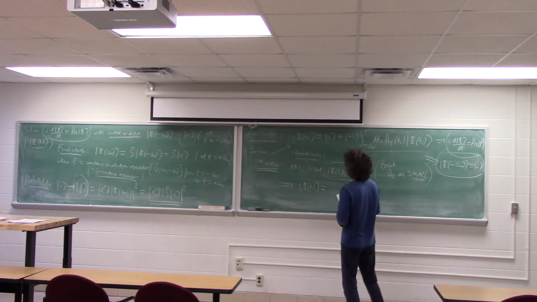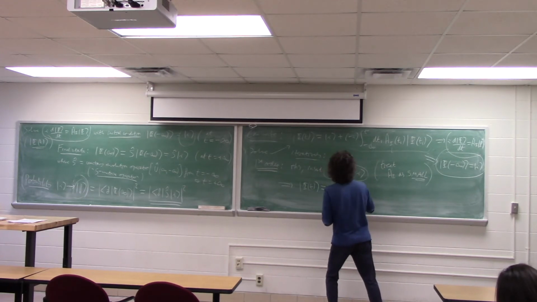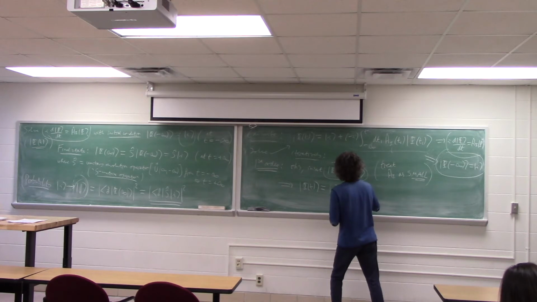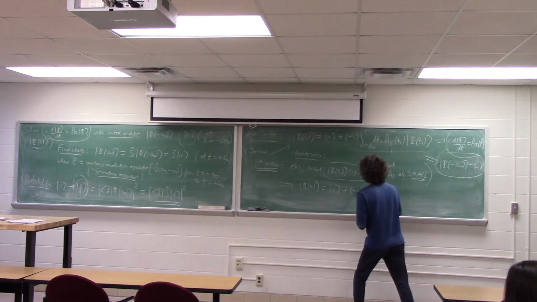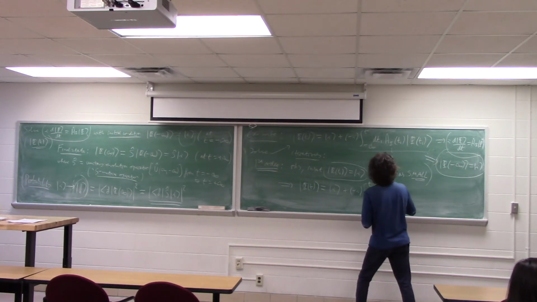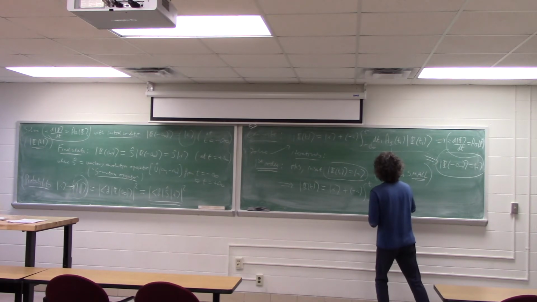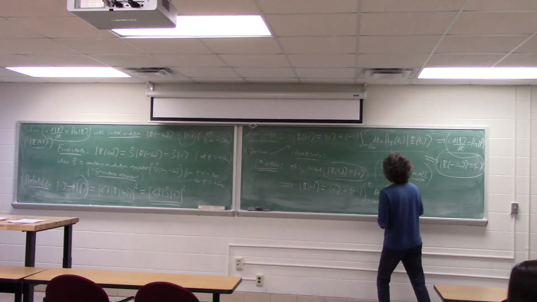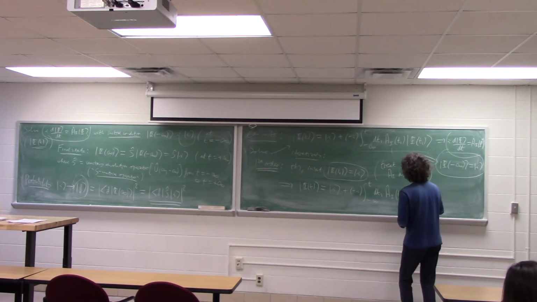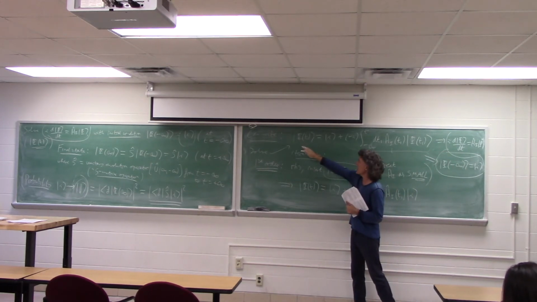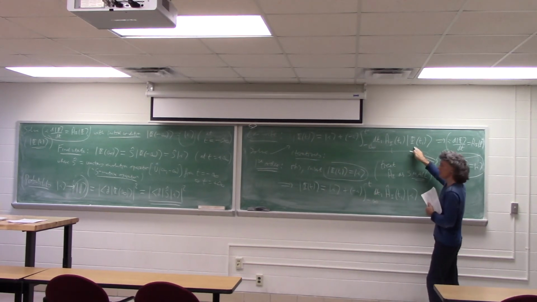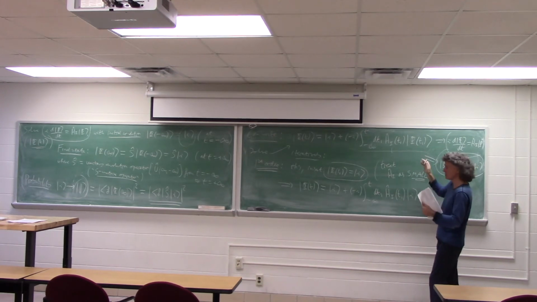I find that |phi(t)> is then equal to |i> plus minus i integral from minus infinity to t dt1 H_interaction(t1) acting on |i>. So here, this was not really an expression for phi, because I've got phi under the integral sign. Okay, it's an integral equation.